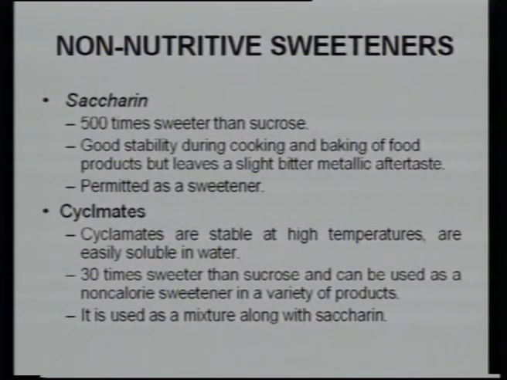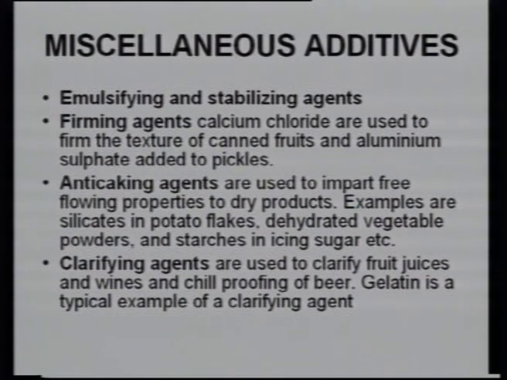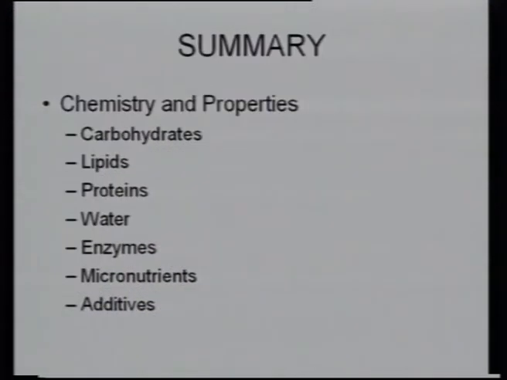The non-nutritive sweeteners, saccharin and similar compounds, are examples of these. We can also add miscellaneous additives like emulsifying, stabilizing, firming agents, particularly calcium chloride for giving firmness to canned foods, and anti-caking agents and clarifying agents are used.